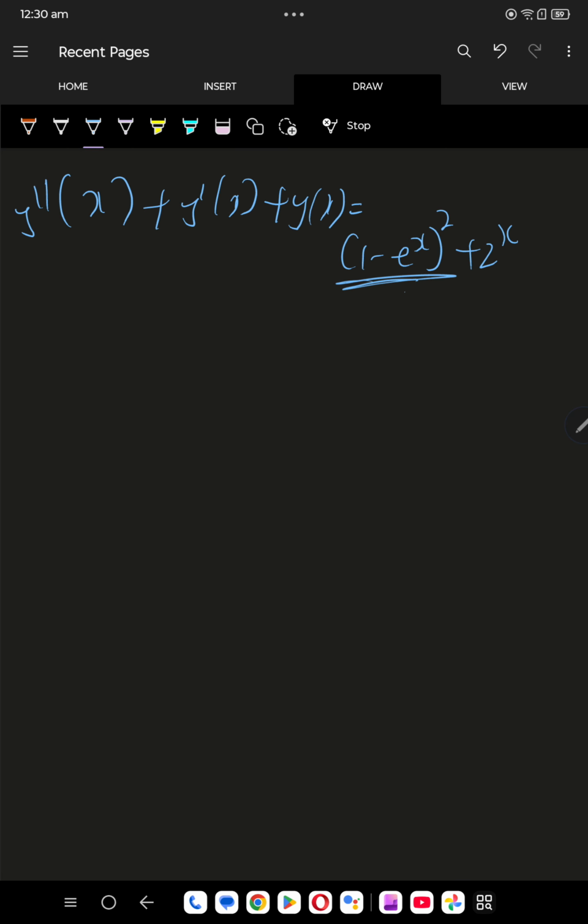Firstly, we will have to solve the (1 minus e power x) whole square part, a minus b whole square. After that, I'll do 2 power x, because this is not in e power ax form, right? So what do we do with that?